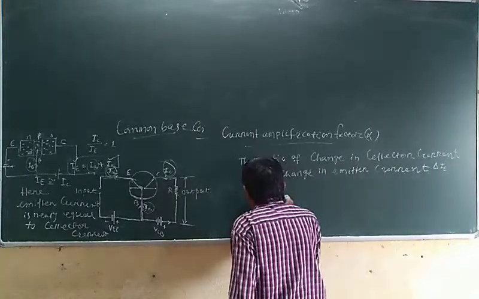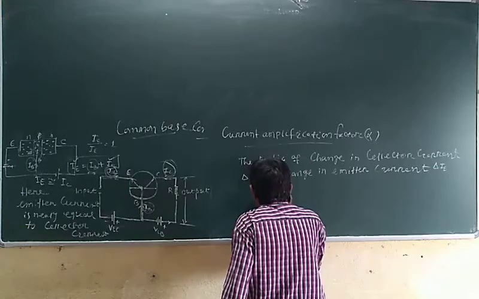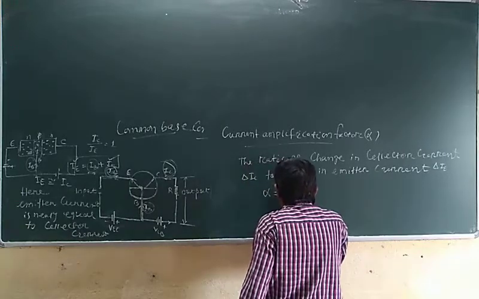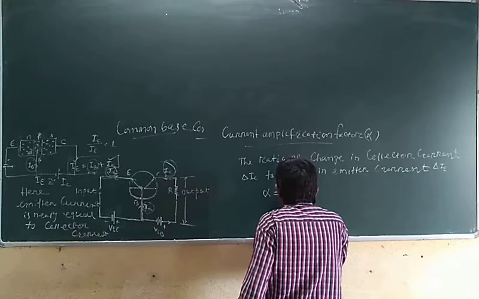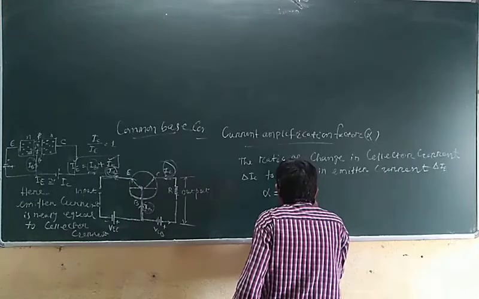Now we write alpha equal to del IC by del IE.